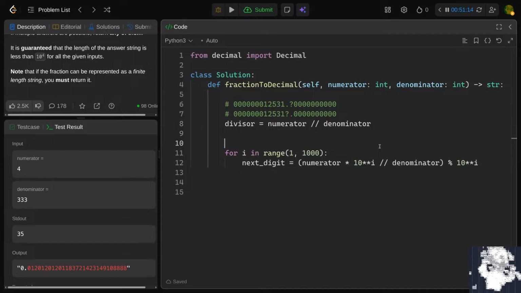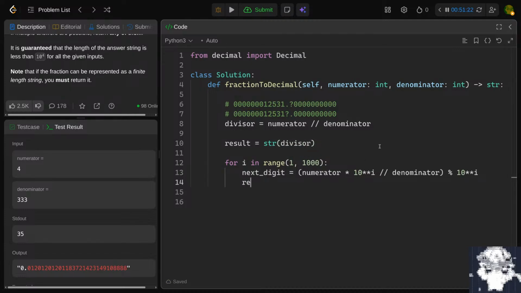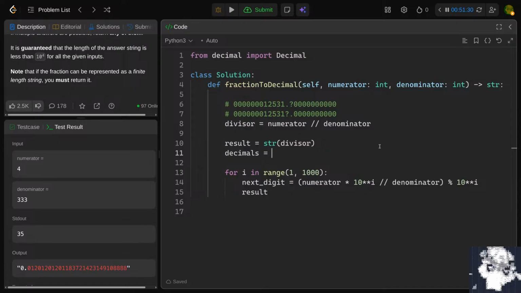Don't print the digits, just make a result equals string of divisor, result, decimals equals empty string, decimals plus equals string of next digit, return result plus dot plus decimals.